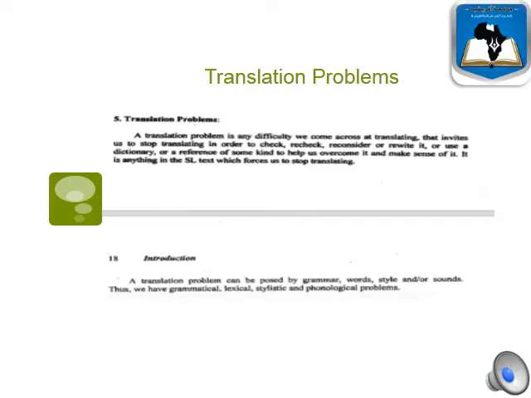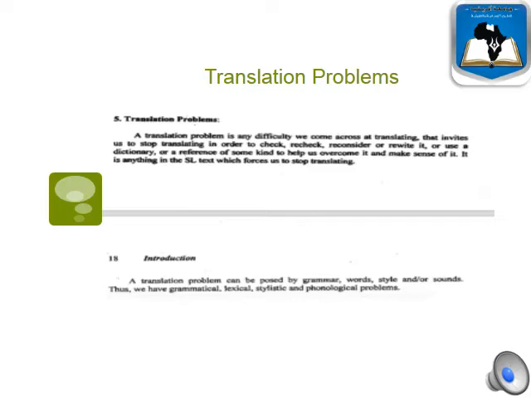As you know, this textbook is mainly directed to translation trainees and college students. So, translation problems. What are the translation problems we face? He argued a translation problem is any difficulty we come across in translating that invites us to stop translating in order to check, recheck, reconsider.